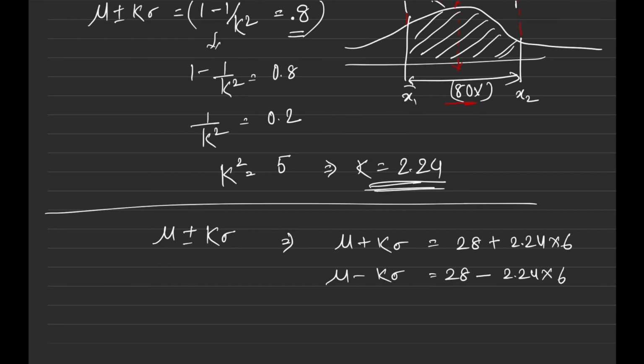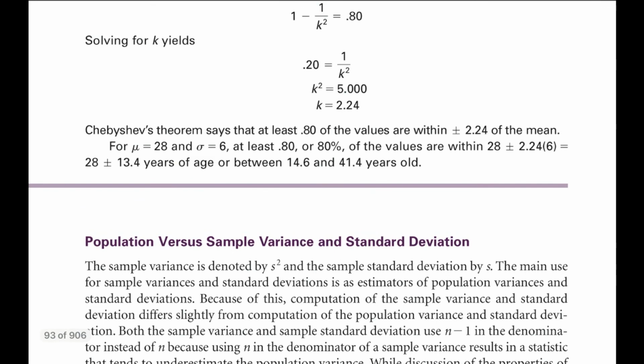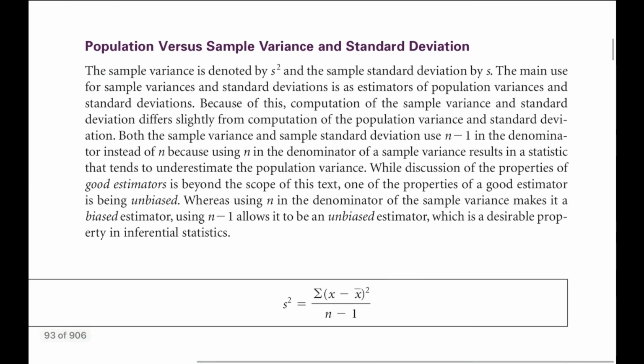You will get the range, x1 and x2. Inside this range your 80% data points will fall. So that's how you can apply the Chebyshev theorem.